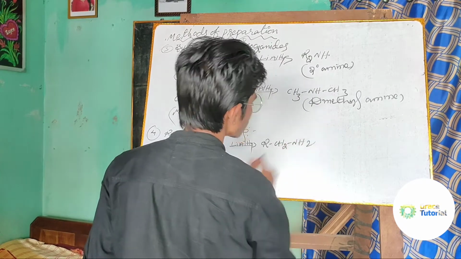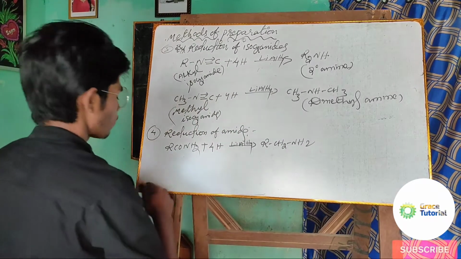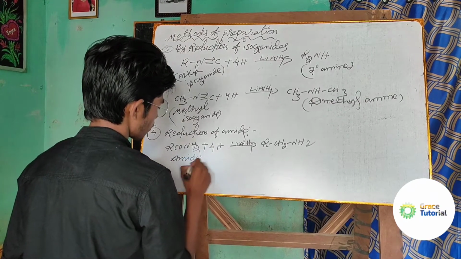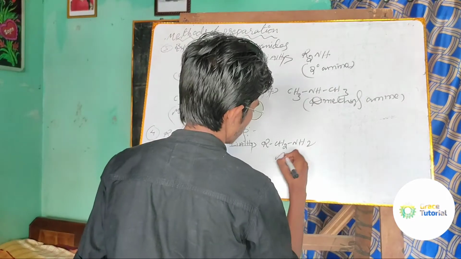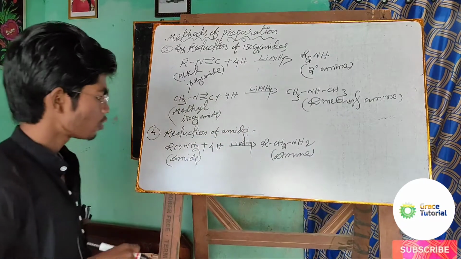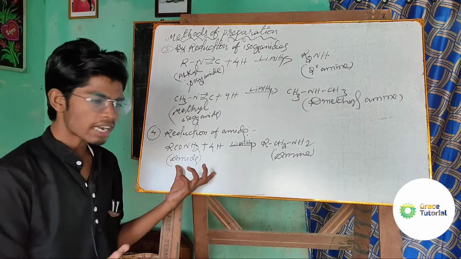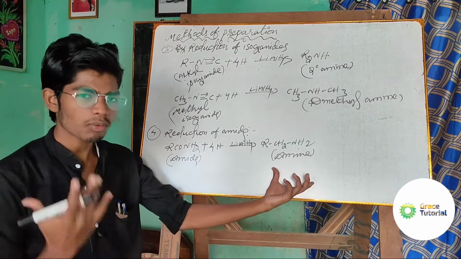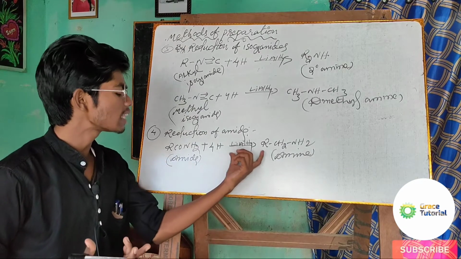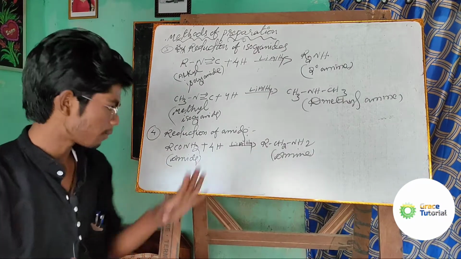RCH2NH2, amine, gets obtained. This is amide and here amine. So we need to understand what is reduced to form which products. The amide gets reduced in the presence of lithium aluminum hydride to form the amine.